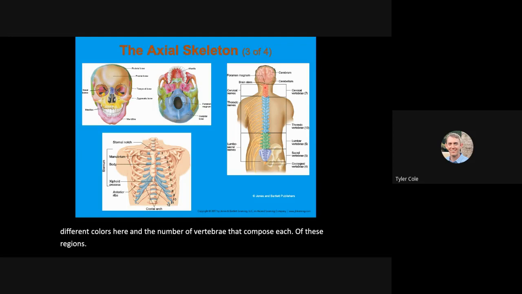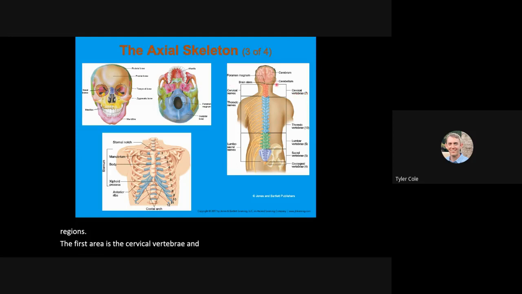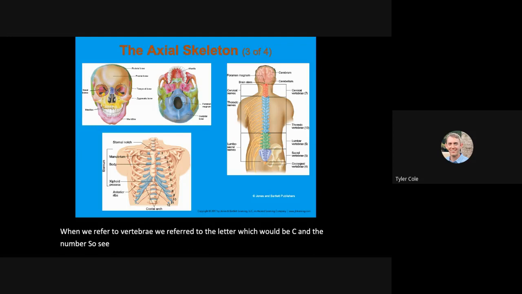So the first area is the cervical vertebrae, and there's 7 here. When we refer to vertebrae, we refer to the letter, which would be C, and the number. So C1 would be the very first cervical vertebrae. Then C7 being the very last.